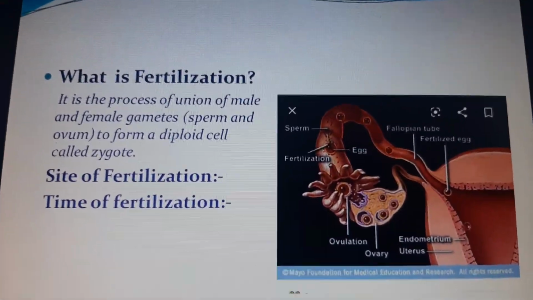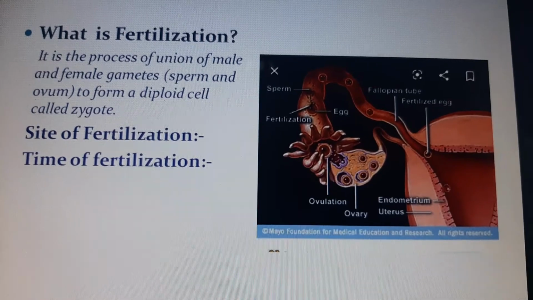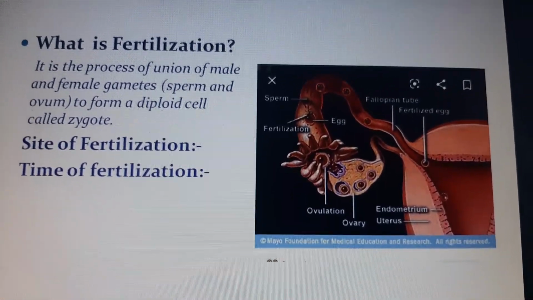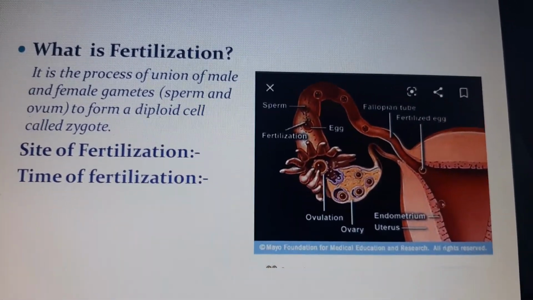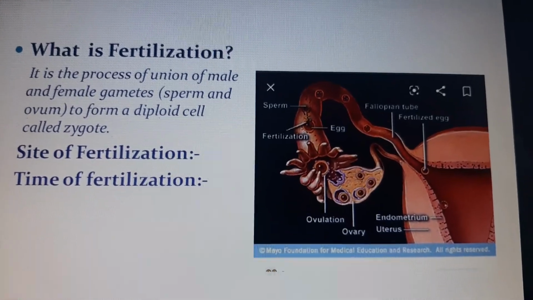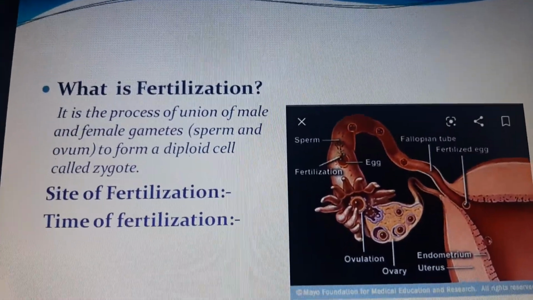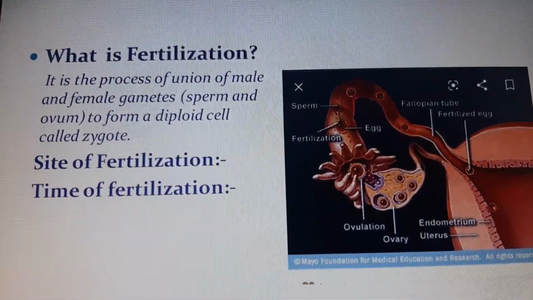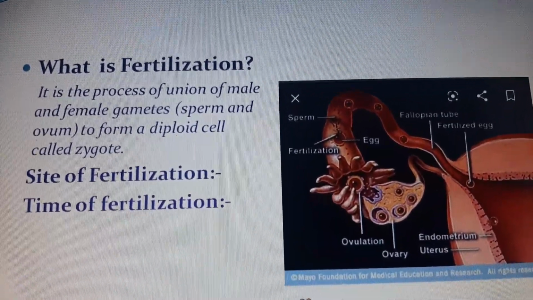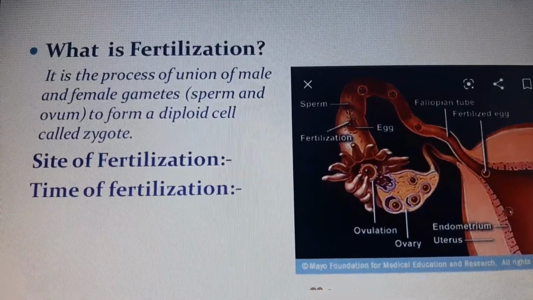So why do we call it a secondary oocyte? Why don't we call it an ovum? Because it has not undergone the second meiotic division.